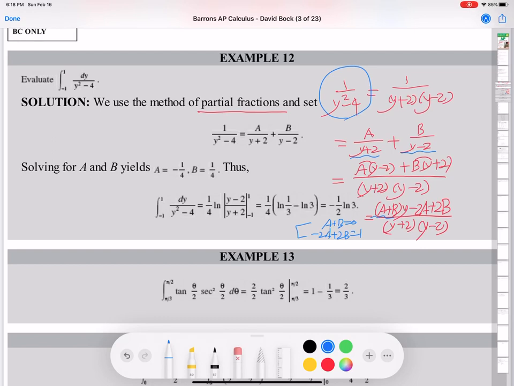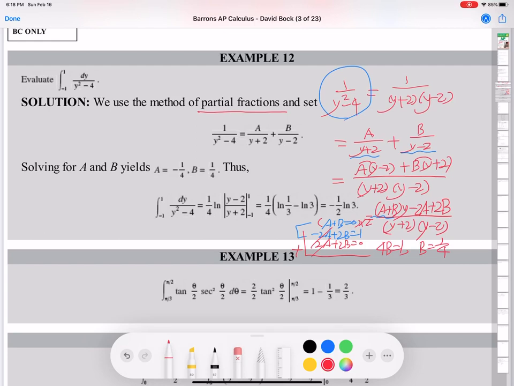So just solve the system of equations. Multiply the first equation by 2, giving 2a plus 2b equal to 0. Then add them, cross out, 4b equals 1, which means b is 1 over 4.